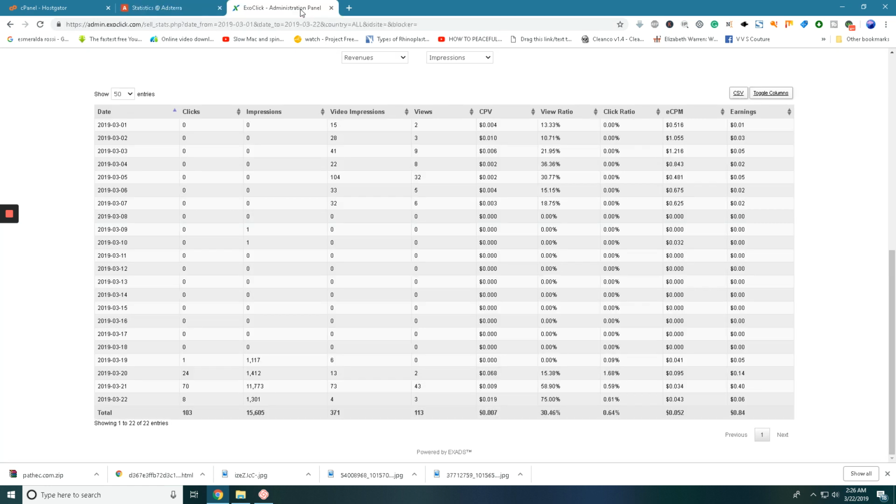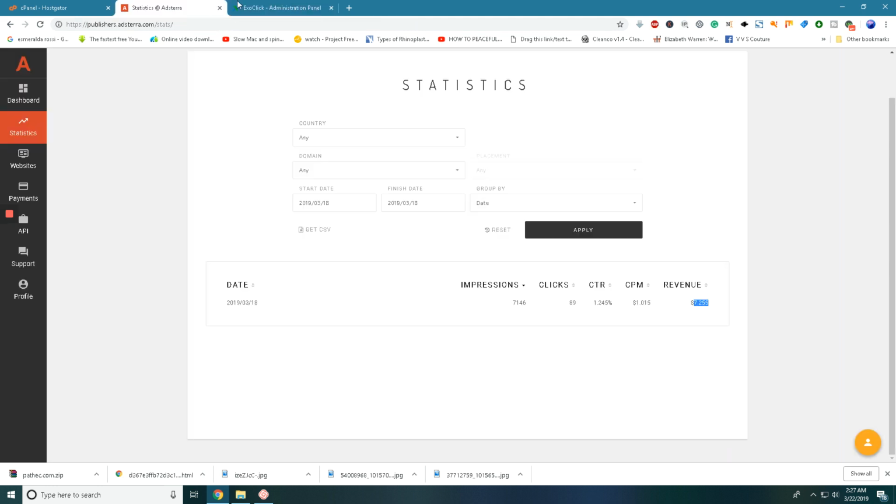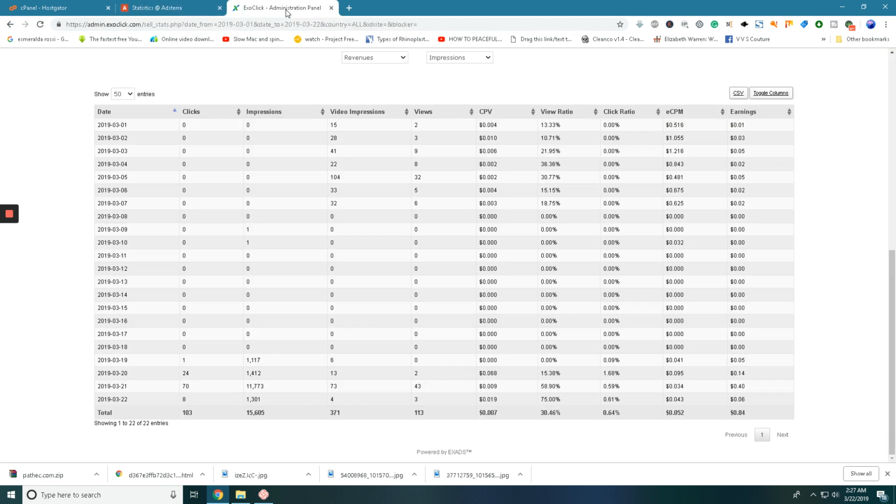Adsterra is way higher for the same ad space, the same traffic. It's not exactly the same traffic, but to go from $7 to 40 cents, come on. So without a doubt, I'm definitely dumping ExoClick, even though they pay per week.